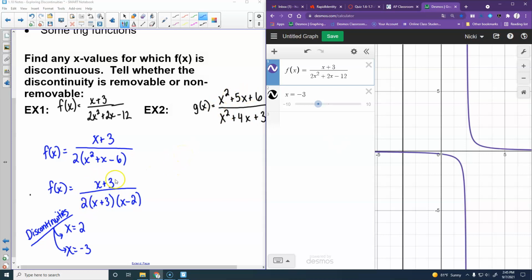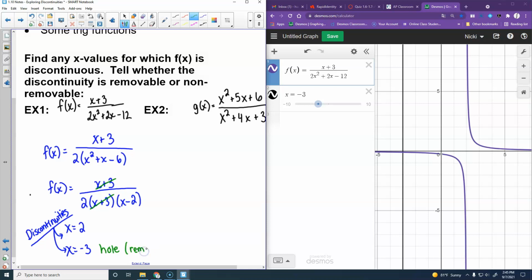So, looking at the equation, because we'll be doing this without Desmos, how can we tell that? Okay, these cancel. If the term cancels, that tells you a hole in the graph, which is removable.